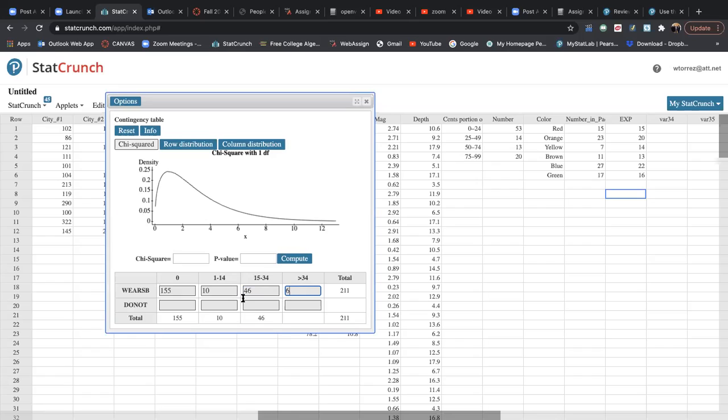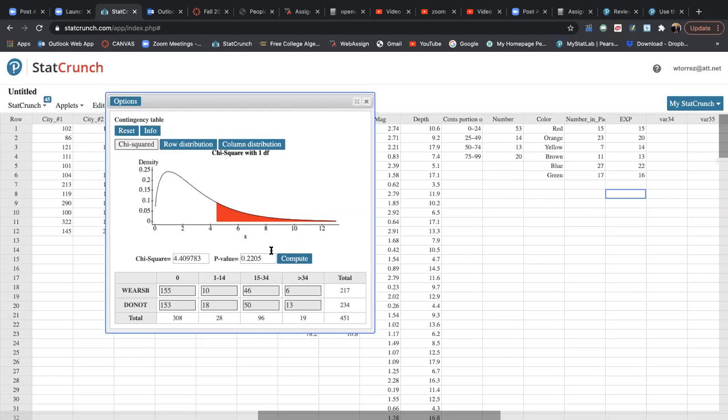Second row values would be 153, 18, 50, and 13. Okay, let's compute to get our test value and p-value. Look at the p-value, pretty healthy, 0.2205, all right?